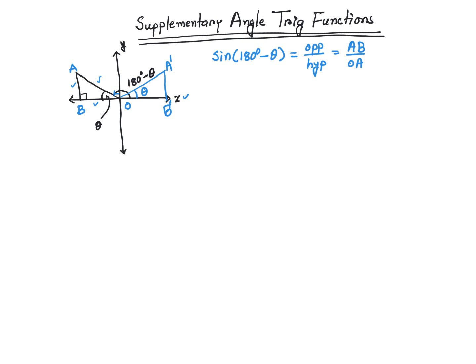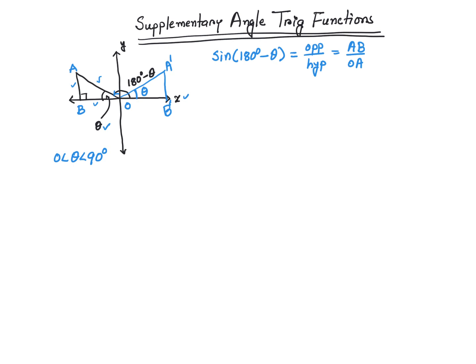Of course, I made an assumption which I forgot to tell you, that theta is a positive number, and theta is assumed to be between 0 and 90 degrees. That is to say, 0 is less than theta is less than 90 degrees. Now this angle is going to be theta.